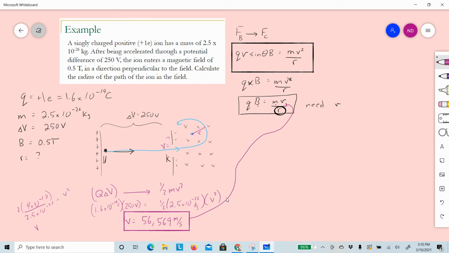Now we just solve this for R. Over here, R will be equal to mv divided by qB. M, 2.5 times 10 to the minus 26 kilograms. V, we just figured out, 56,569 meters per second, divided by Q, 1.6 times 10 to the minus 19th coulombs, multiplied by B, 0.5 Tesla. You do this arithmetic.